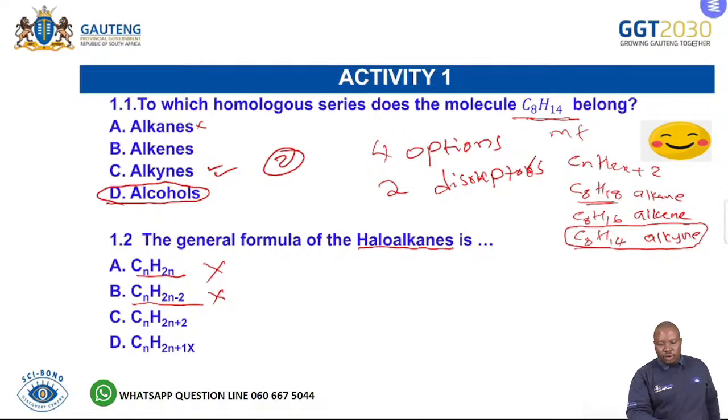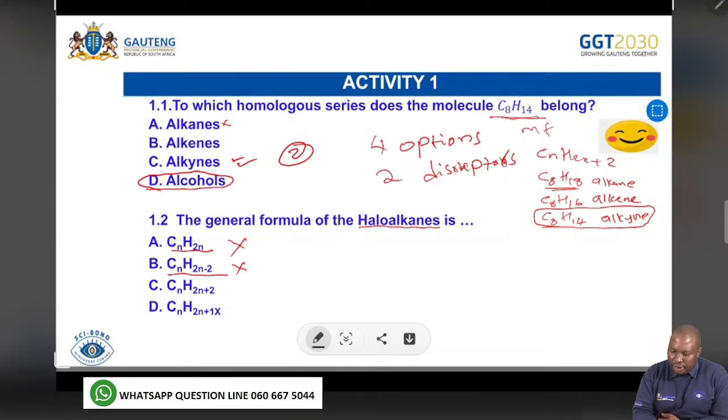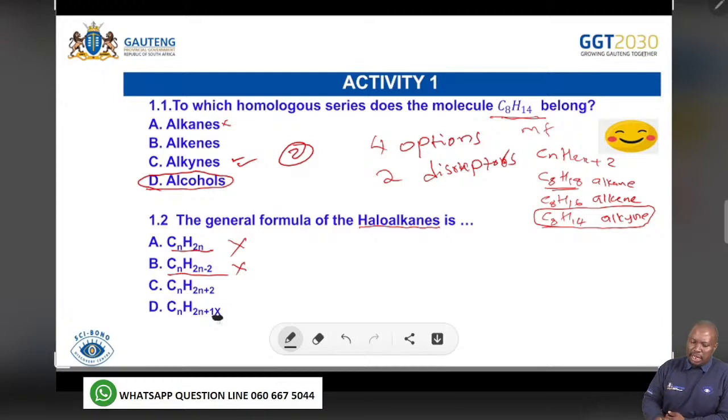So you are left with those 2 options, of which you will know that for us to get a halo, we must remove a hydrogen. Halo is a substituent, so we have removed 1 hydrogen. We put the X there, so you know that the answer for this one is D. Then well done, you get your beautiful 2 marks.